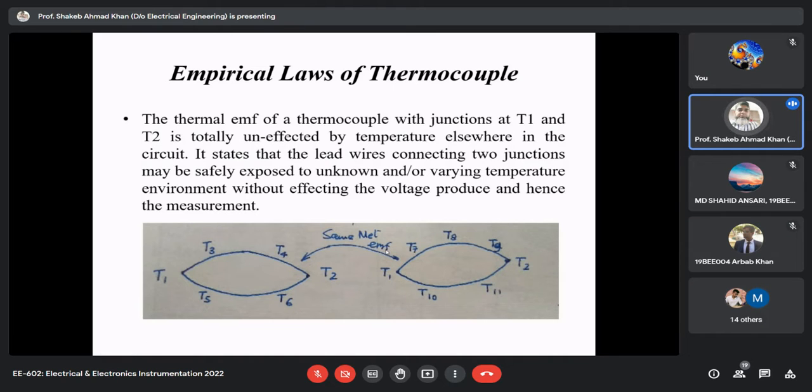So this is a huge advantage your thermocouple offers, because we discussed in detail when we were talking about the RTD or any other resistive temperature sensor, that lead resistance is basically a huge cause of error.